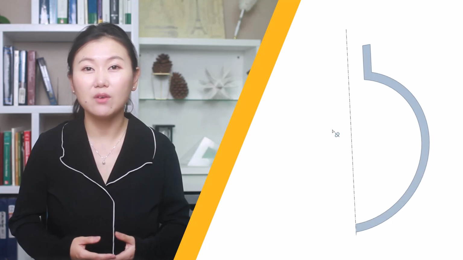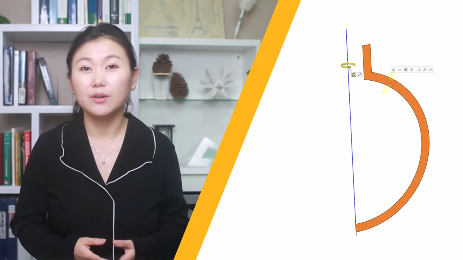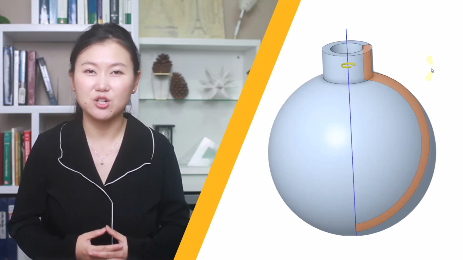If we extract the cross-section of this model and revolve it around its axis, we'll get the complete 3D model of the pressure vessel. The material is isotropic, and the internal pressure loading is also symmetric about the y-axis. Thus, we can say that this 3D geometry can be analyzed with a 2D axisymmetric simulation.